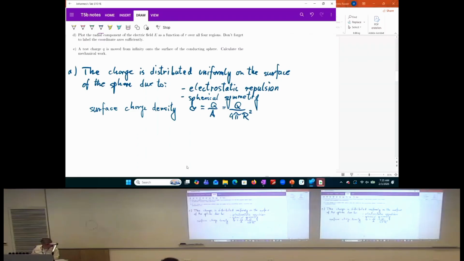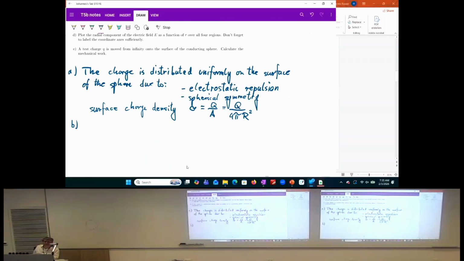Now the question is, what direction has the electric field? This is also more a conceptual question. Do you have an E_r component? Do you have an E theta component, an E phi component? Do you have a mixture of those? What components does your electric field have?